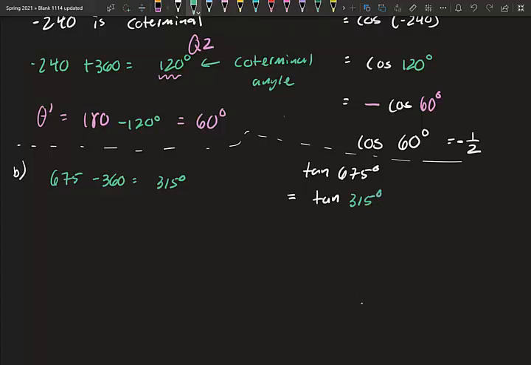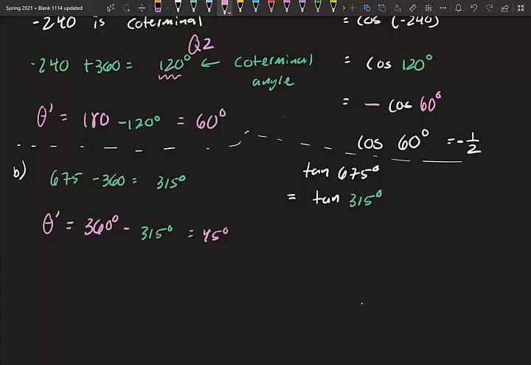So now we can go ahead and find the reference angle. Since we're working with 315, that's quadrant 4, the one with 360. So we have 360 minus 315, and we get 45 degrees. Looky there, we have a 45-45 triangle.